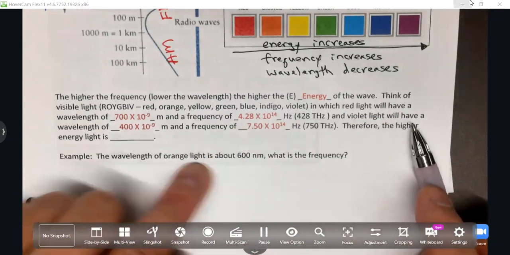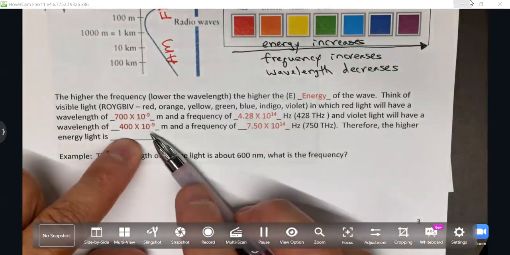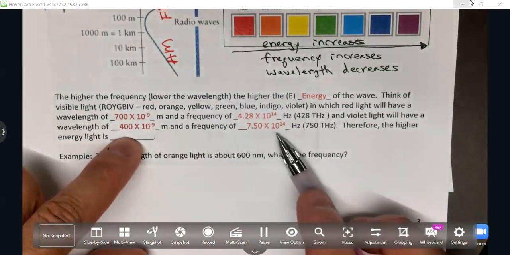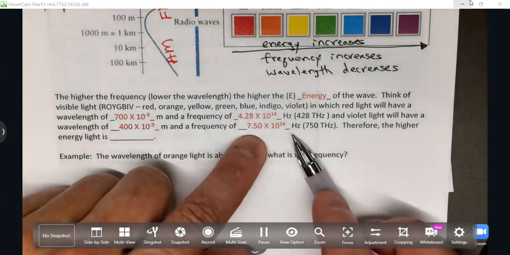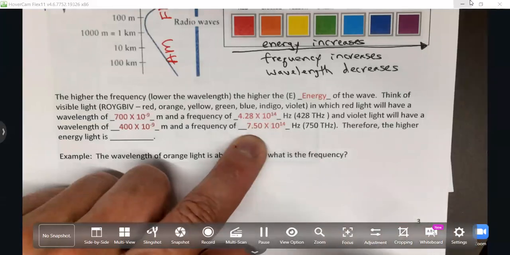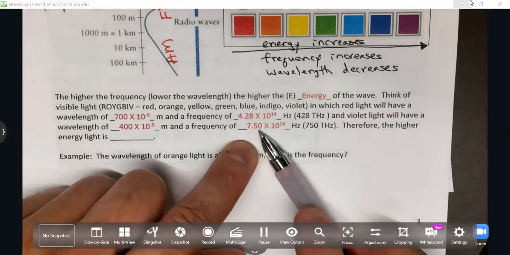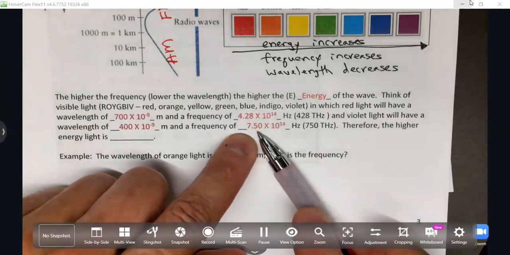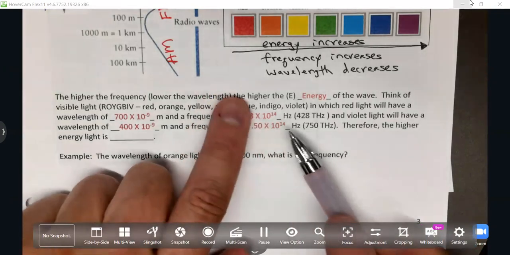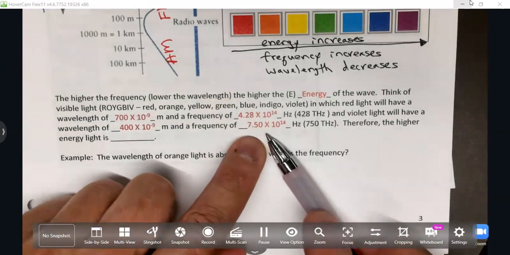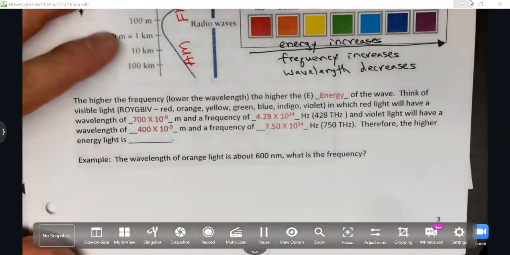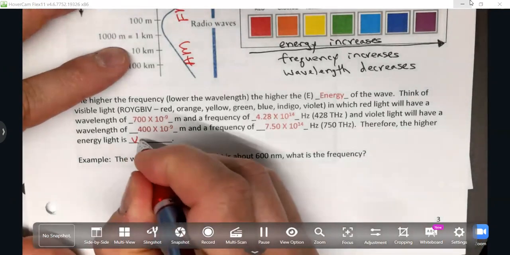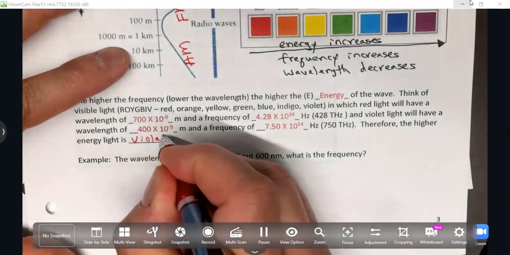And violet light will have a wavelength of 400 × 10⁻⁹ meters and a frequency of 7.5 × 10⁻⁴ hertz. Which one has a higher frequency? Well, 7.5 is bigger than 4.28. So we know, therefore, the higher energy light is the one that has the higher frequency, and that light has to be violet.